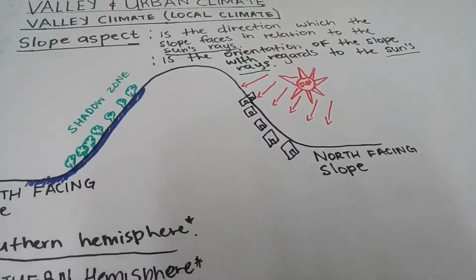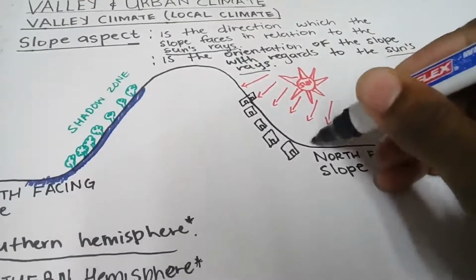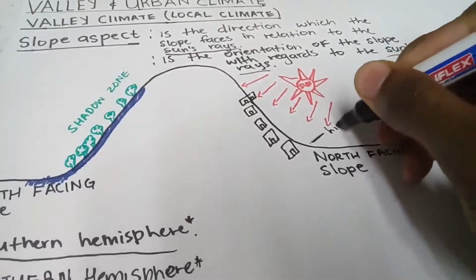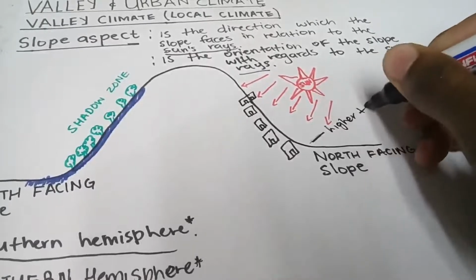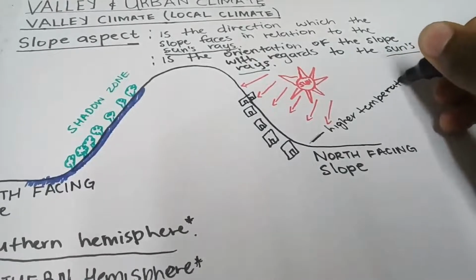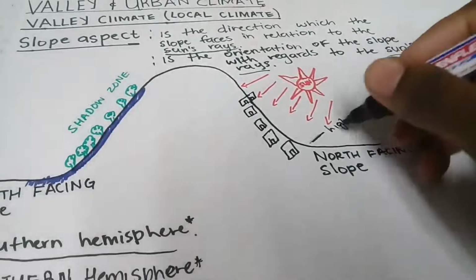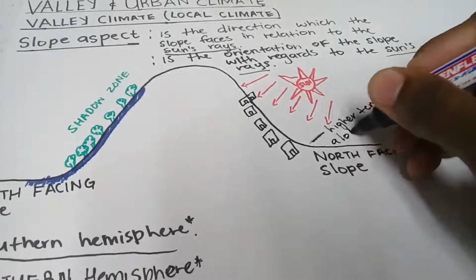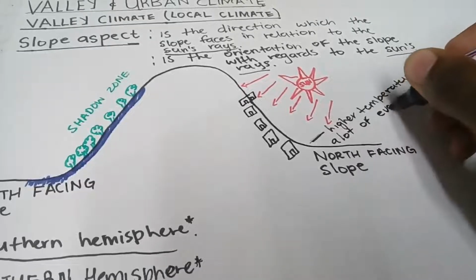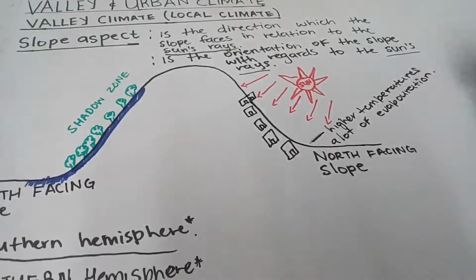Okay, let's get back into our diagram. I think you understand now. So this side will experience higher temperatures, a lot of evaporation.